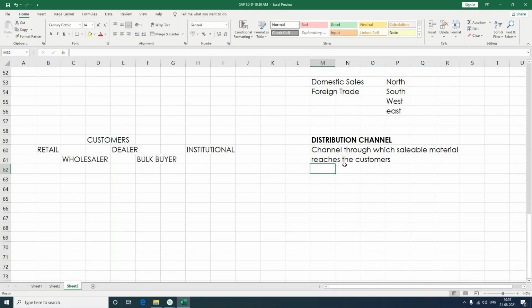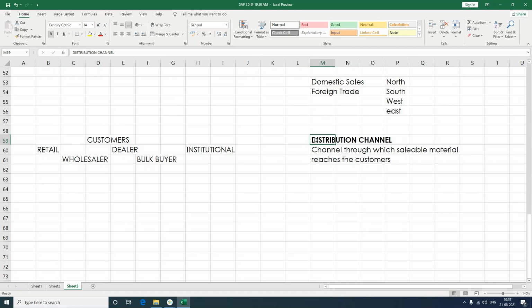So the ultimate job role of a sales org is nothing but selling the products on time. For different customers, selling price, discount, payment terms, delivery terms are going to be different. So each group of customers, we are going to map as a distribution channel over here.